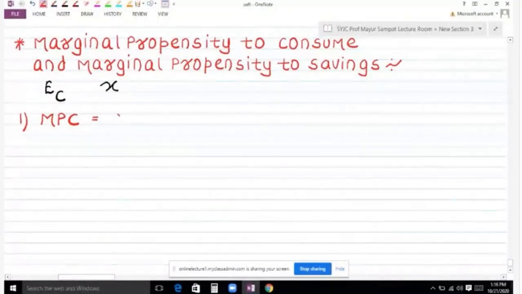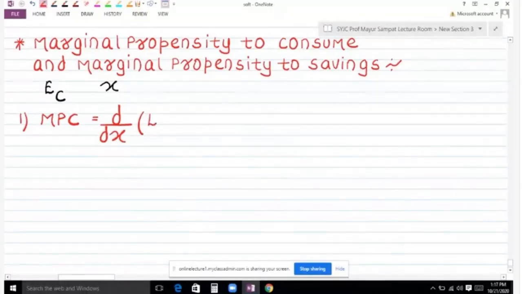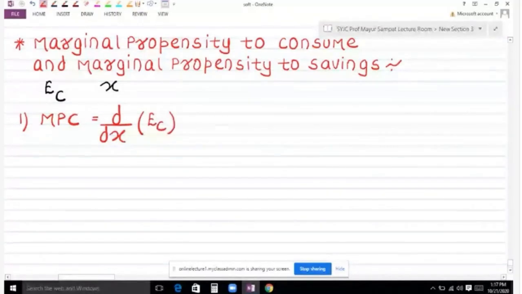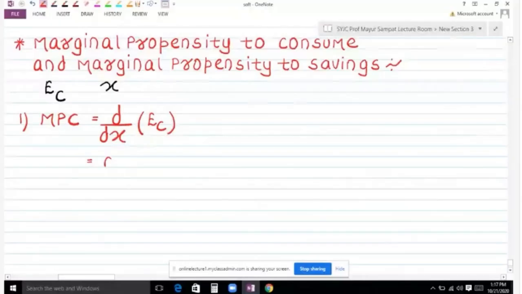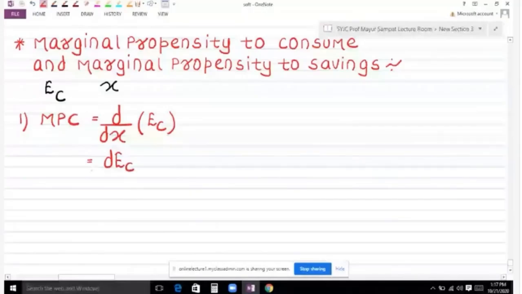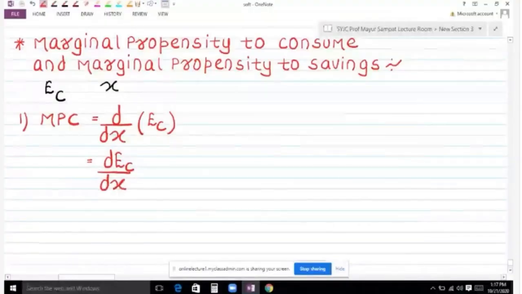Marginal propensity to consume is the derivative of consumption expenditure with respect to income. That is none other than dEc upon dx.